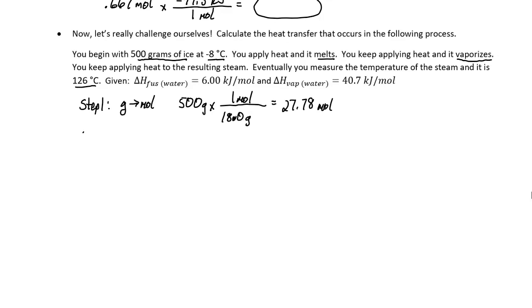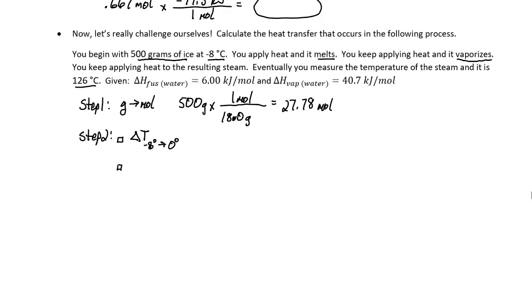All right, now step 2. This is where we're going to calculate the heat. But we're going to do it in a whole bunch of stages. First, we're raising the temperature. We're going to do a temperature change from -8 degrees up to 0 degrees on a thermometer.